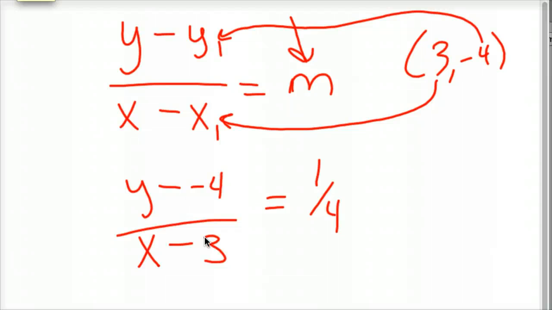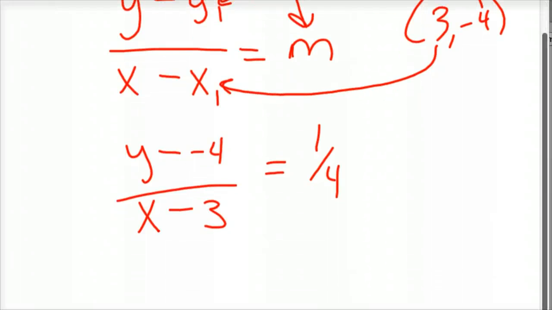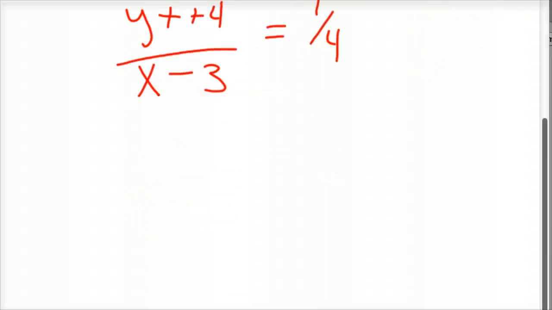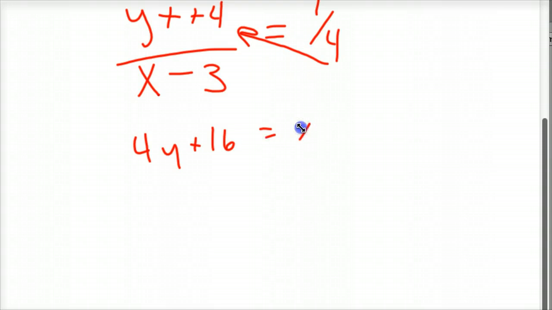And if we solve that, we'll get the equation for y. Well, minus a negative is plus a positive, and cross multiply. So 4 times y plus 4 is 4y plus 16. 1 times x minus 3 is equal to x minus 3. And then just keep on solving. So minus 16, minus 16.